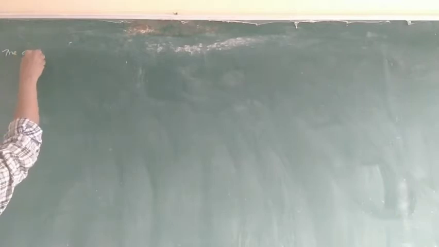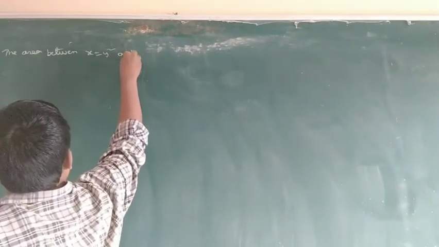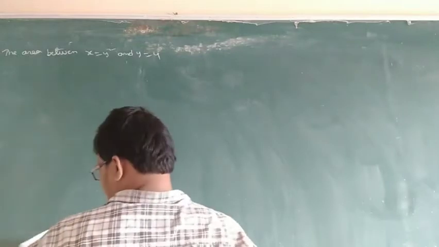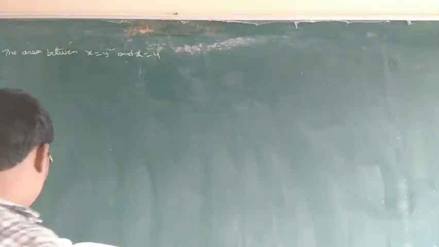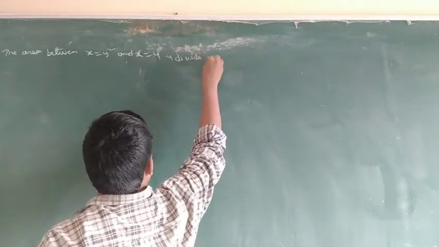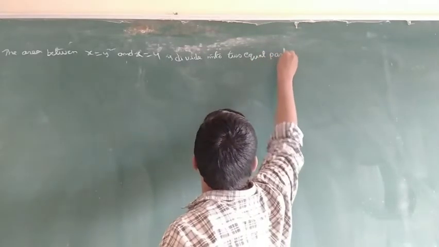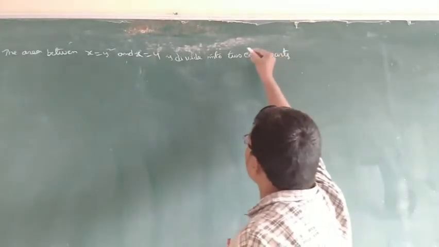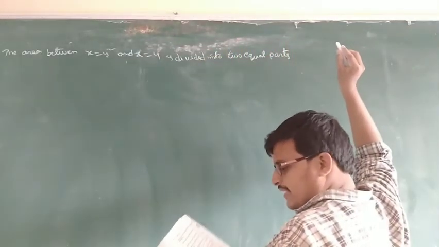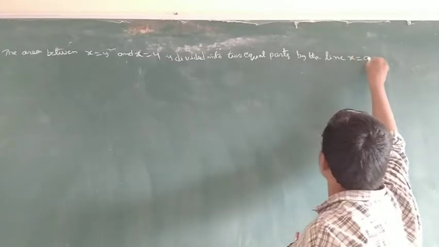Next, 8th question. The area between x is equal to y square and x is equal to 4 is divided into two equal parts by the line x is equal to a.